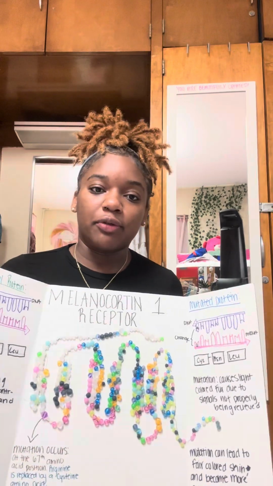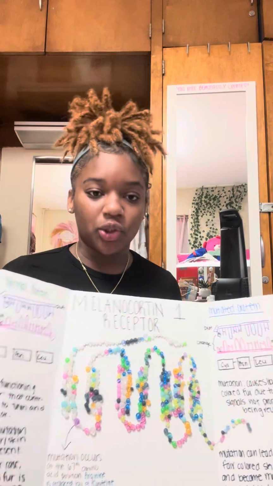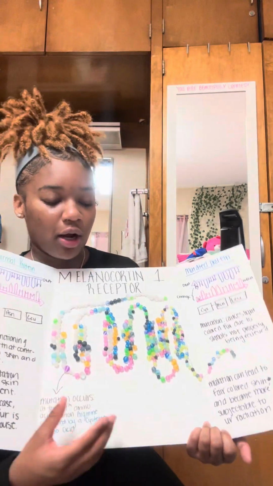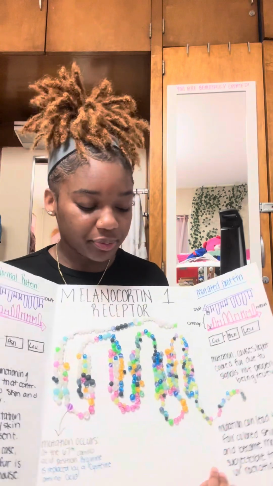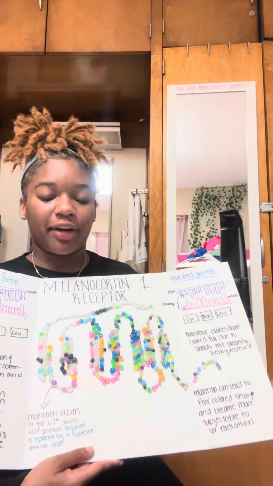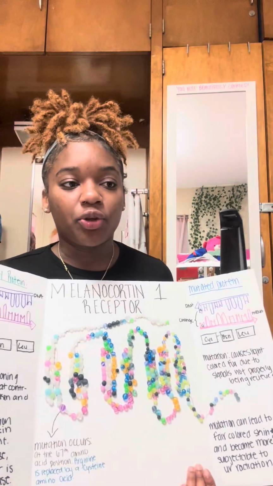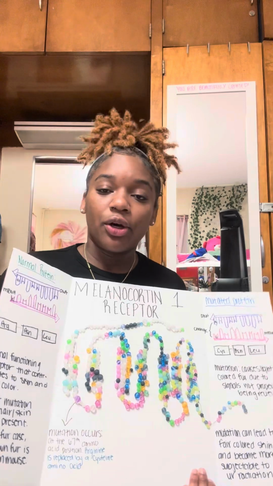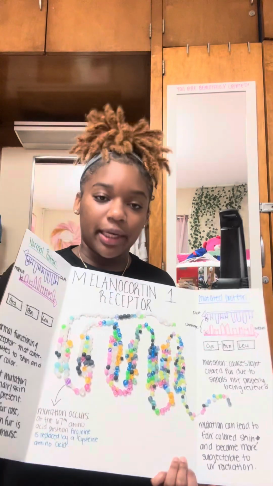The less active receptor misses signals or does not receive as many signals, so it does not receive notification that pigmentation needs to be produced. Since the pigment is not produced, you get fair-colored skin, which makes you more susceptible to UV radiation damage and other skin diseases.